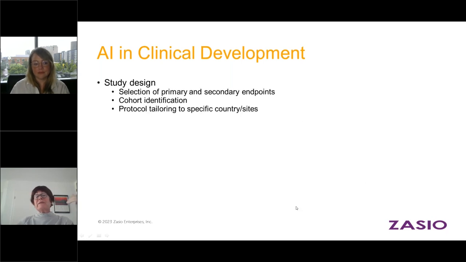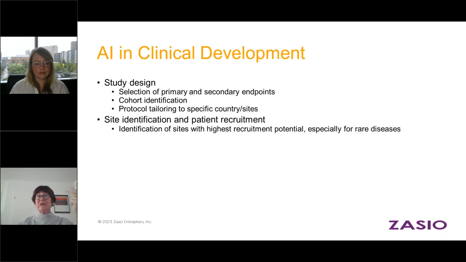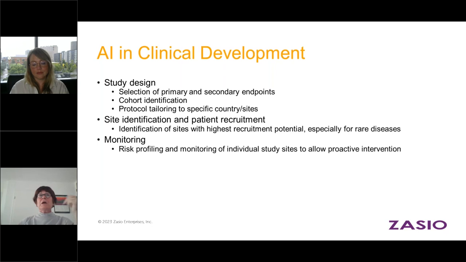Clinical development, for example, the study of a new clinical trial, uses artificial intelligence. Now you have site identification. So what are the best sites, hospitals, that we can use for good and fast patient recruitment? The monitoring of those sites, triggers, alerts, when something may potentially go out of protocol or go wrong.